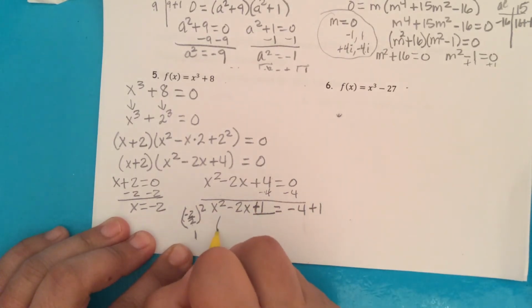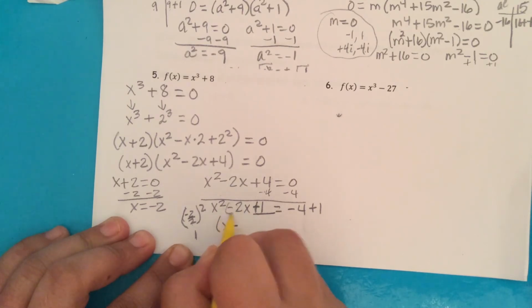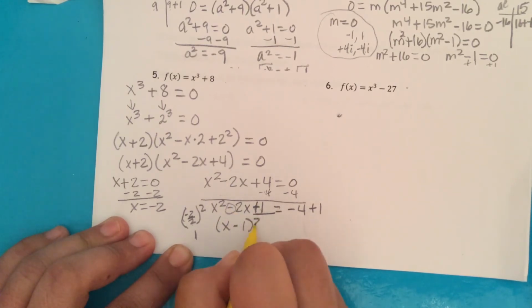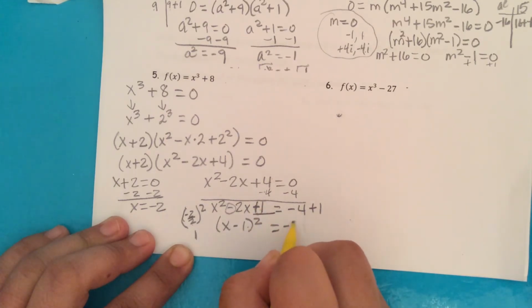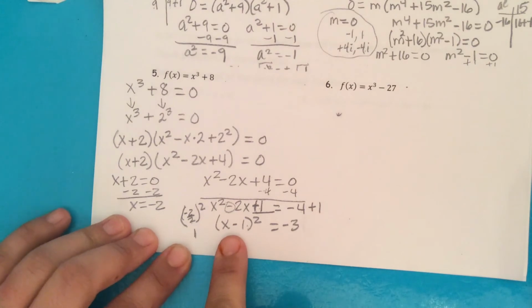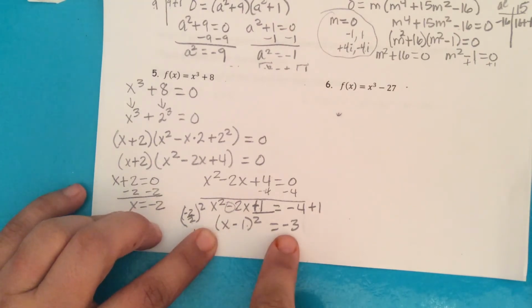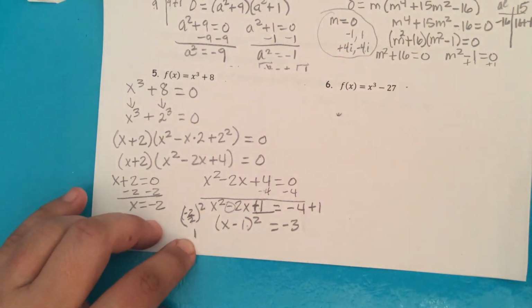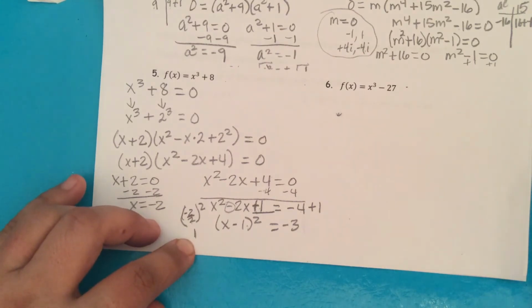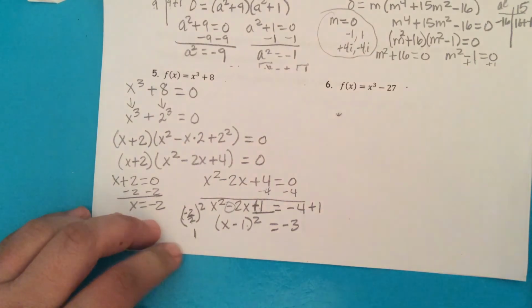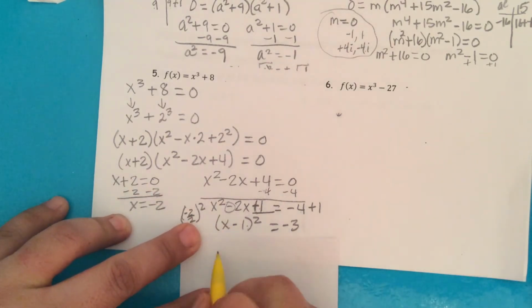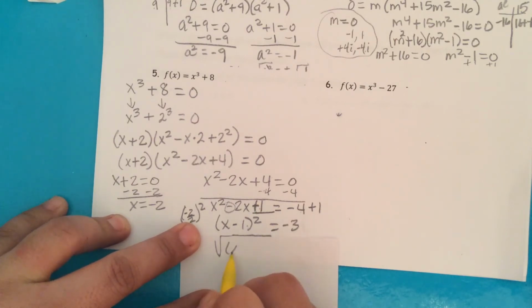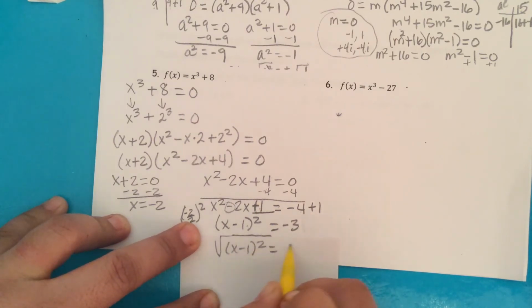So then we're going to have x minus, use the middle term, 1 squared. Take the square root of 1 is just 1. Negative 4 plus 1 is negative 3. Okay, so now we have the quantity squared equals negative 3. So that means I can take the square root on each side. So I'm going to take the square root of x minus 1 squared is equal to plus or minus the square root of negative 3.